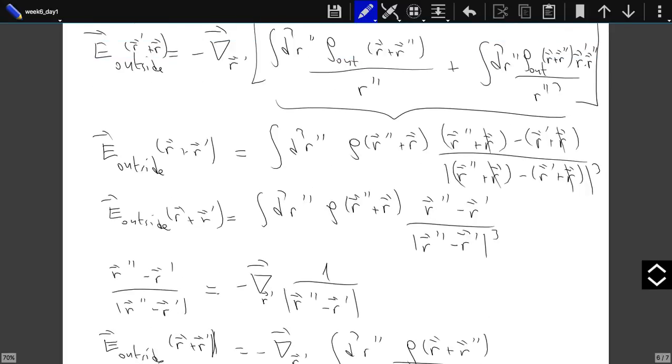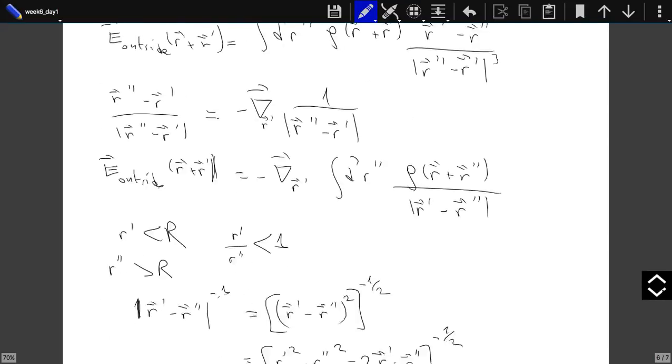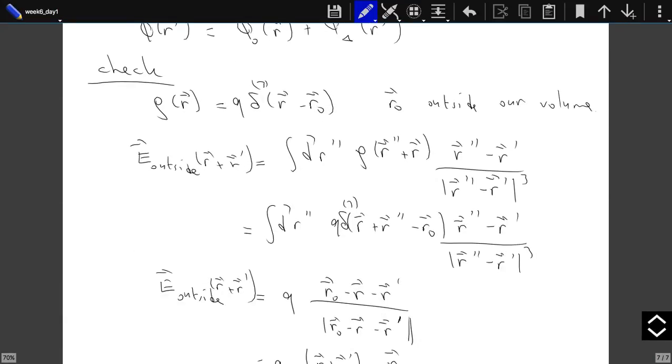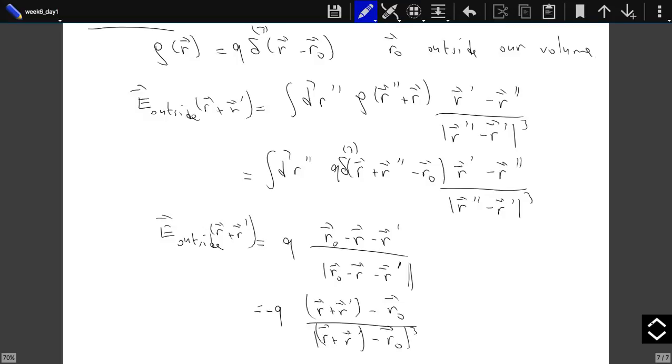So let's go back. This is r prime minus r double prime: first the observation point minus the position of the charge. So that is one mistake we had. If we correct it, now at least the electric field expression is correct.